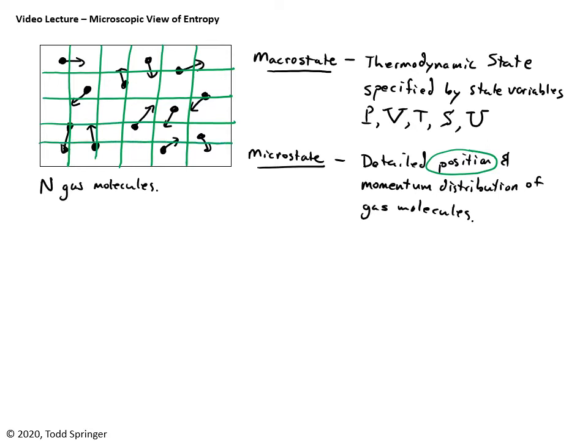And I'm going to say there's B of those boxes. So I'm dividing my volume into a number B boxes. Okay. The question is, how many ways can I put the N atoms into these B boxes?